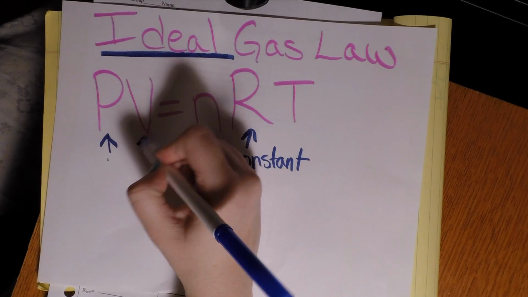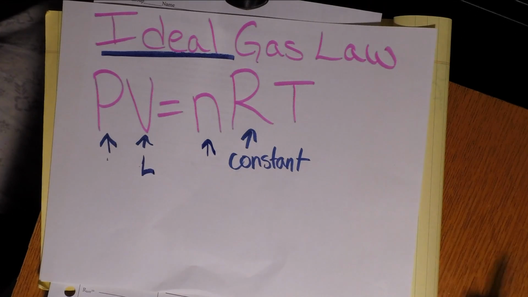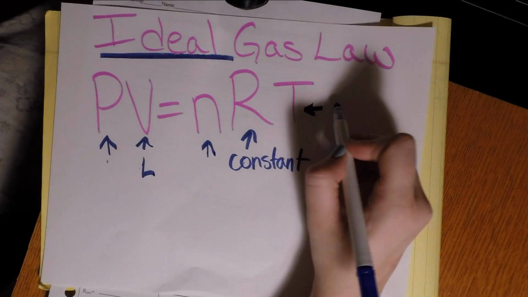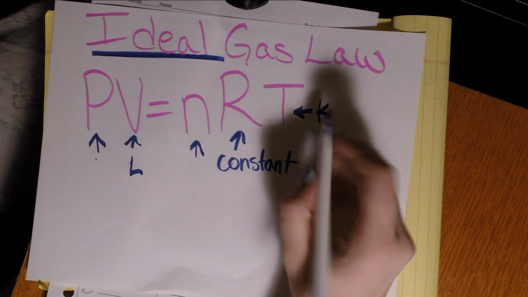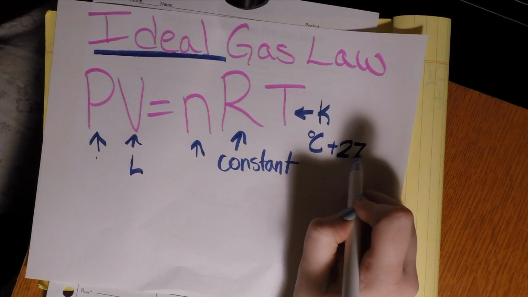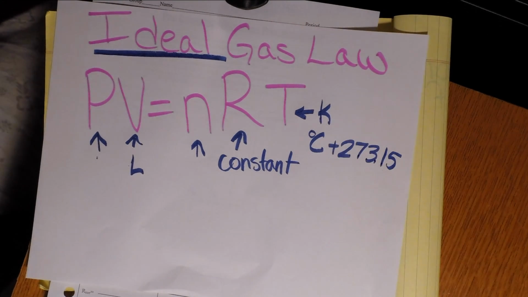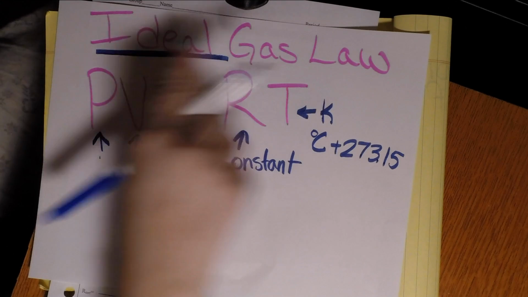So volume should be in liters. Moles is just the number of moles, and temperature should be in Kelvin. Remember, Kelvin is degrees Celsius plus 273.15. Okay? So this is our ideal gas law.